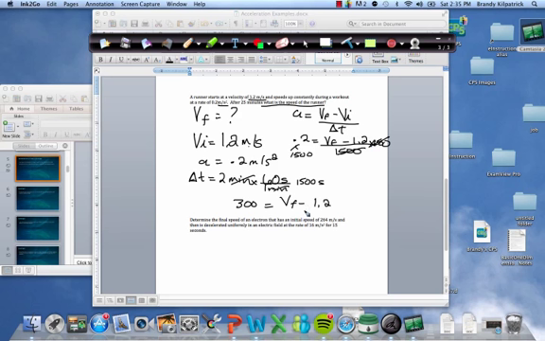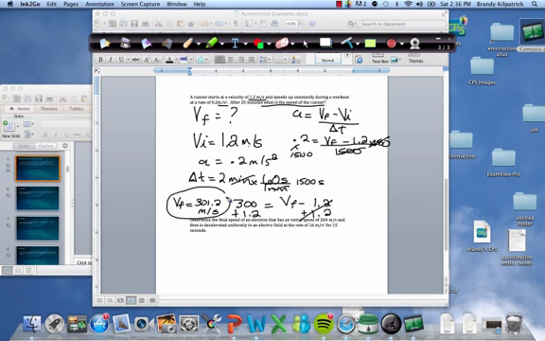So now to get Vf by itself, I'm going to add 1.2 to it. Okay, so that means that Vf is equal to 300 plus 1.2, which is 301.2 meters per second.